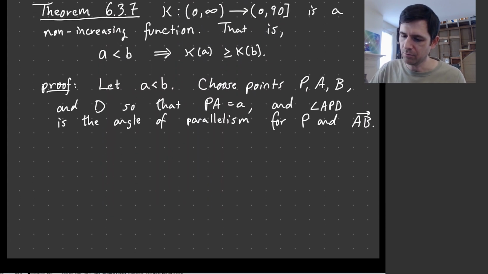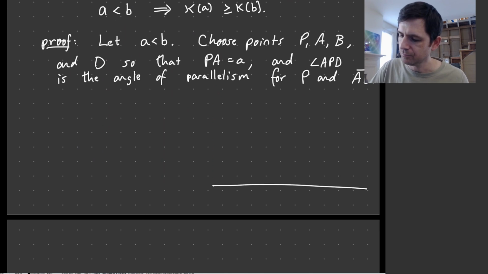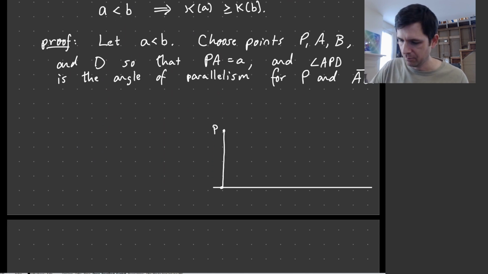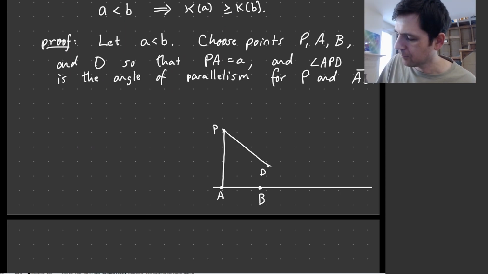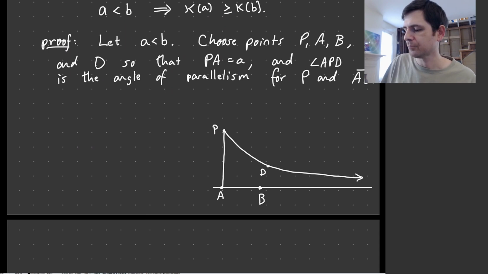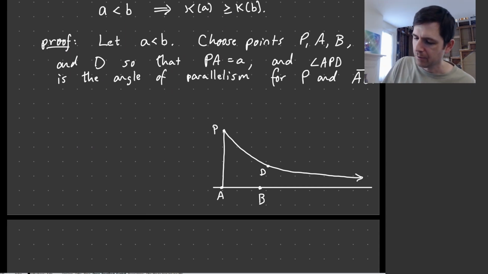Okay, so let me draw a picture. So I have P here, A, B, D. And this is R naught.